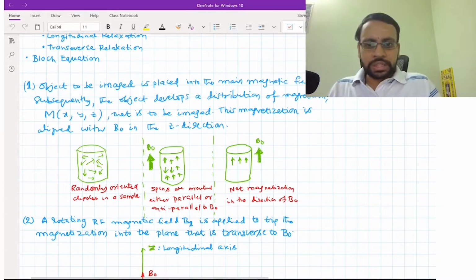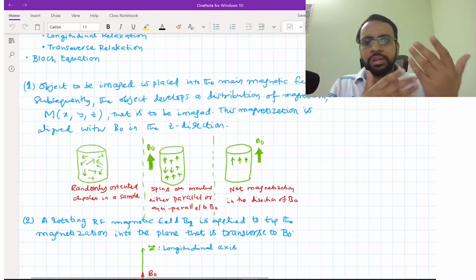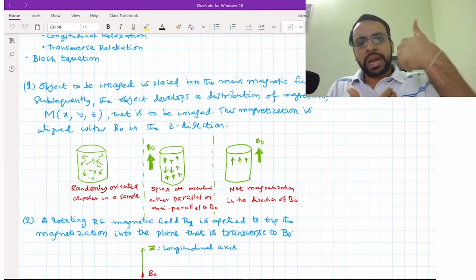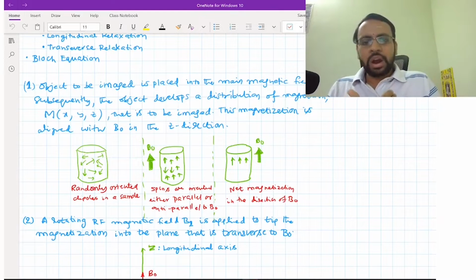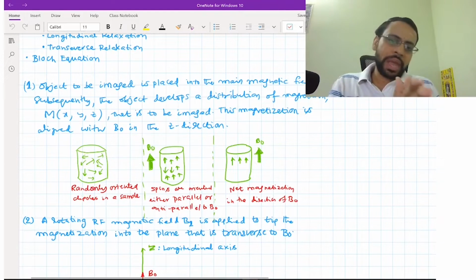This is what the middle image is showing you. Then if you cancel out the number of parallel dipoles with anti-parallel ones, what you are left with gives you a magnetization.